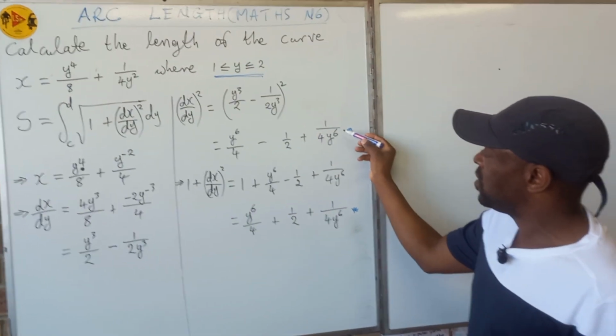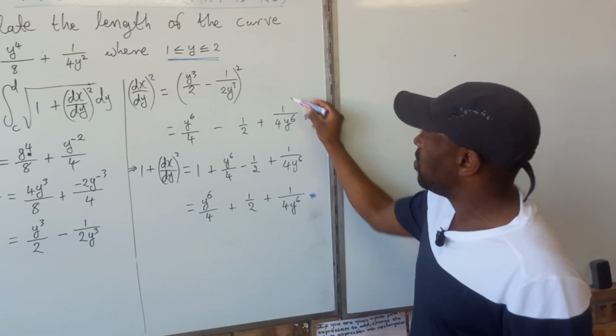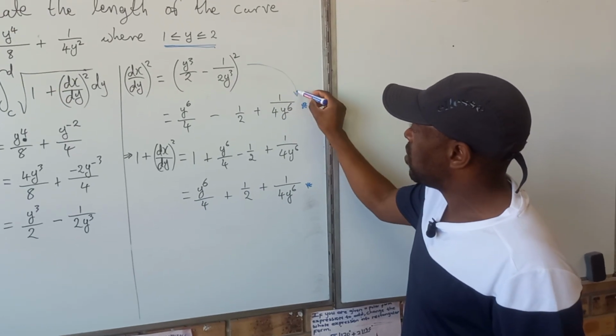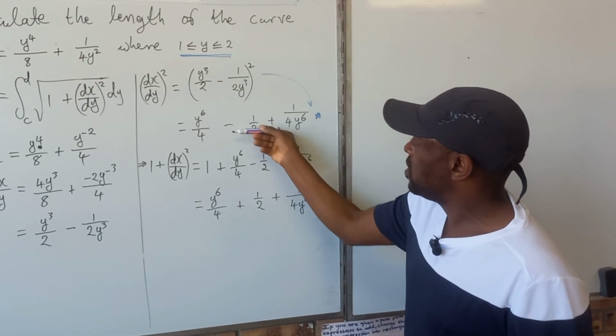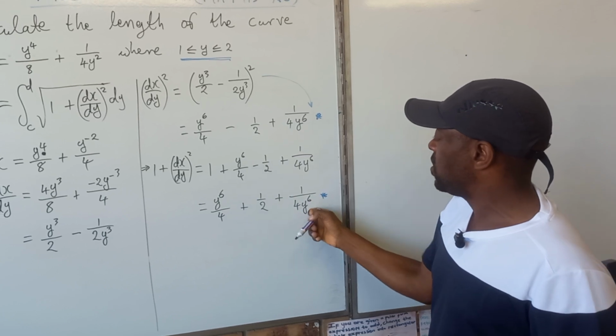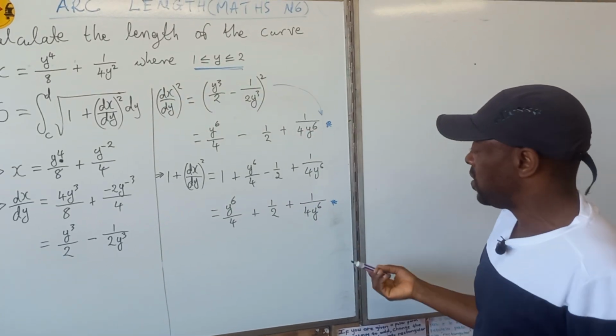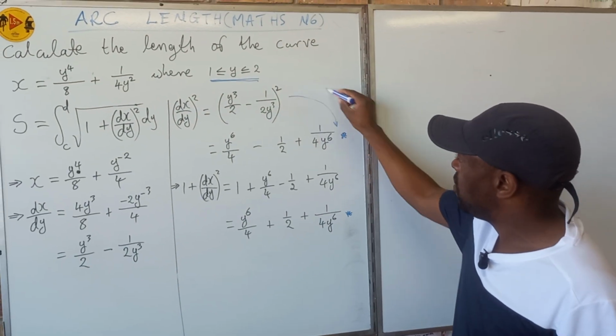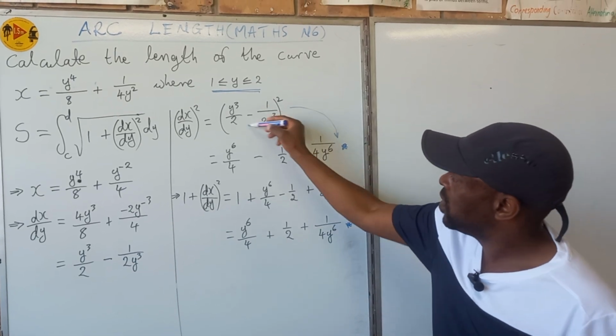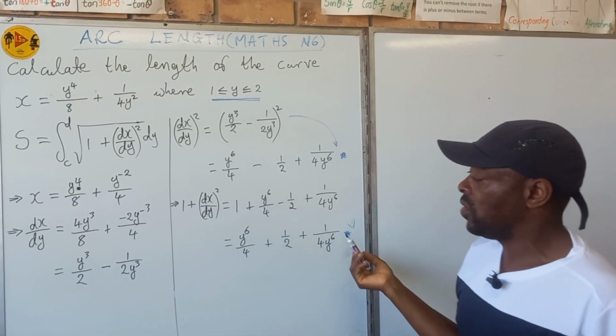But looking at it, you see that you know where this is coming from. It is from here that we got this. When you expanded this, you get that. So if this is also close to that, it means this will also be coming from there with a sign that is opposite to that one.